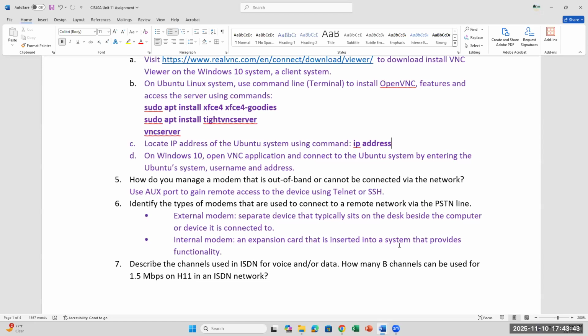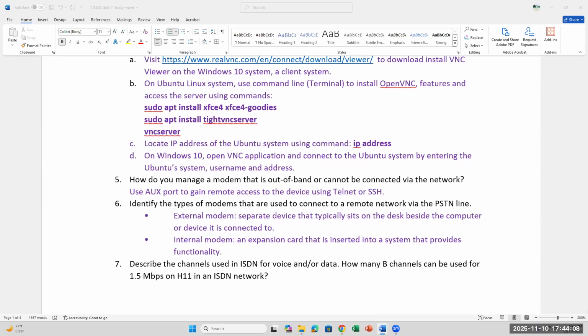There are parts of the world that haven't fully integrated into the newer network. In that case, you are going to use an external modem, which is a separate device. I think the notes show you what that looked like, and you would connect that device to your computer or to the other system.